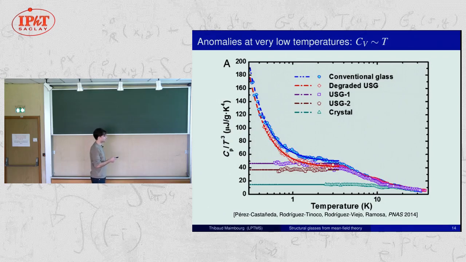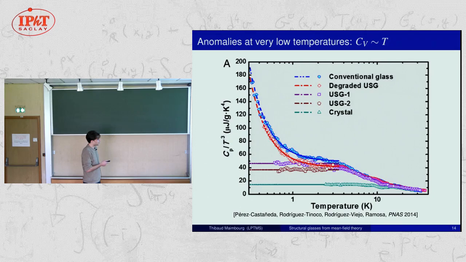And instead, if you perform the same kind of experiment on a glassy material, you get typically two types of behavior. One is, again, a T cube law for glasses that are very stable, so glasses that you have prepared through a very slow annealing, so you have cooled them very slowly.